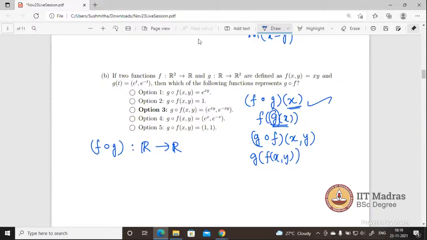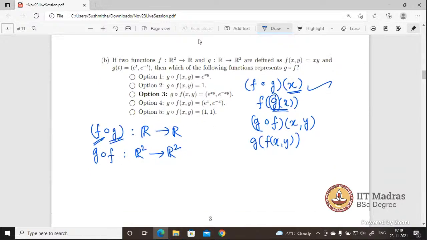So for F composite G, the domain will be the domain of the second function G, and the codomain will be the codomain of the first function F. So what is the domain and codomain of G composite F? It will be R2 to R2. Yes, the domain of F to the codomain of G. So now let's find out what this function is. G composite F of X comma Y is going to be G of F of X comma Y. What is F of X comma Y?